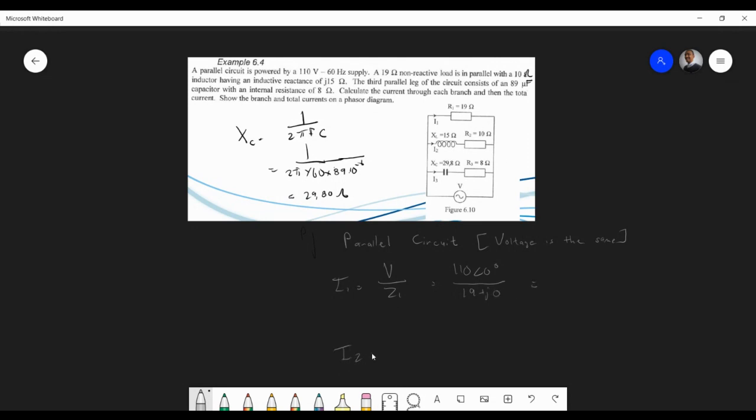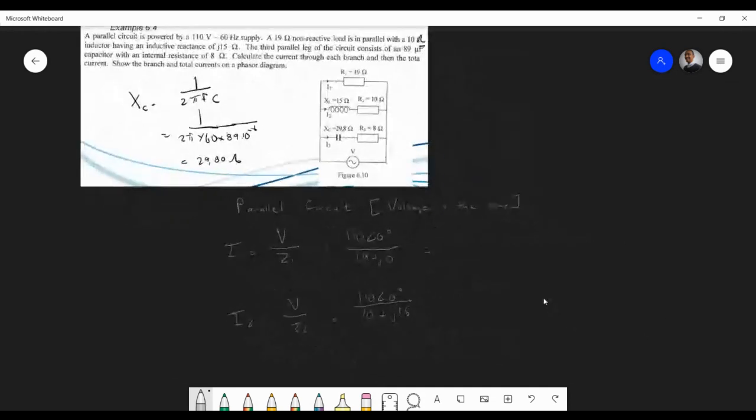For your second branch I2, that will be voltage over Z2, and it's just going to be 110 at an angle of 0 divided by 10 plus J15. Now remember, that's already converted to inductive reactance.